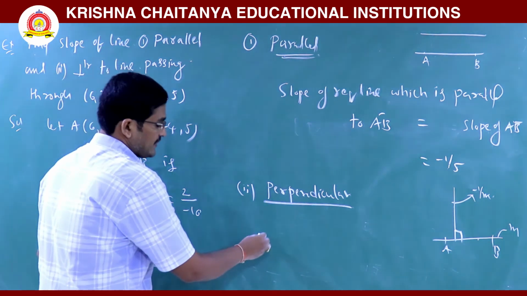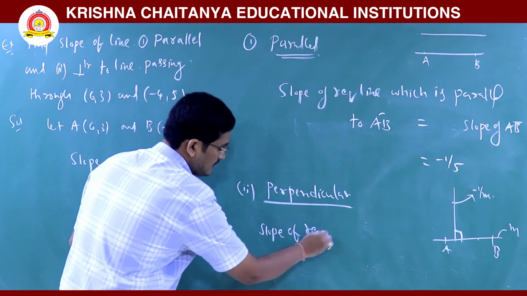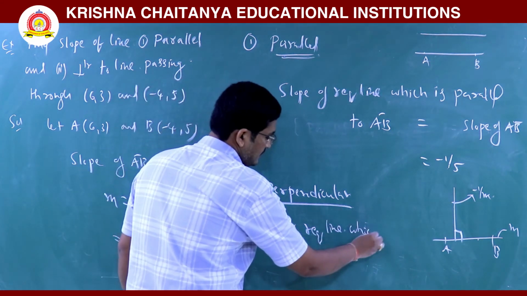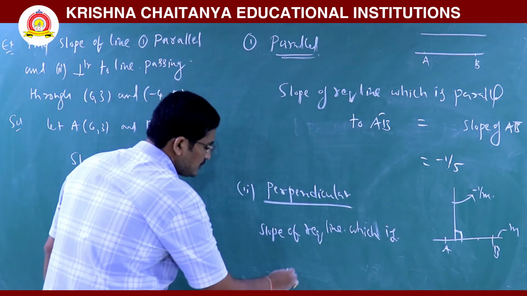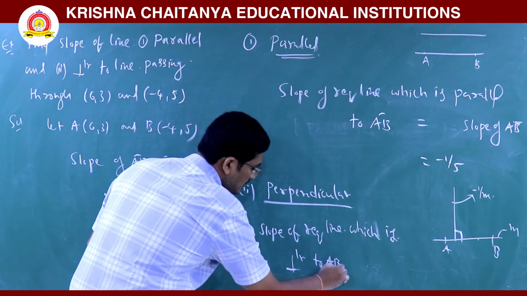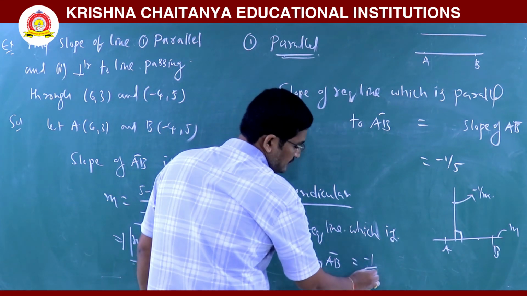So the slope of the required line which is perpendicular to AB bar is minus 1 by m.